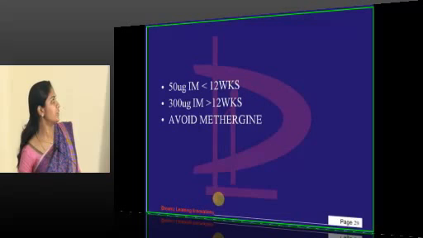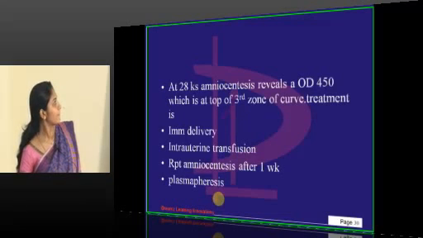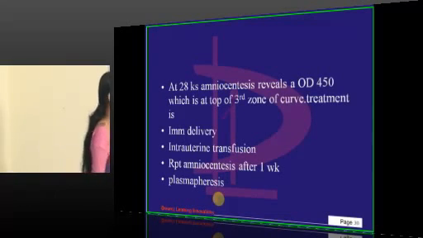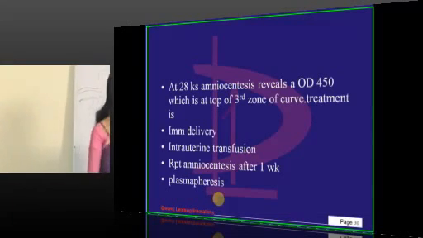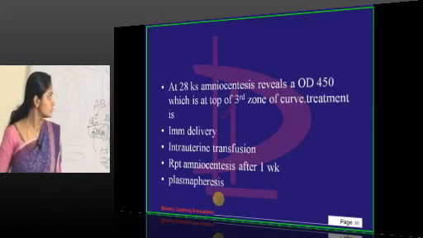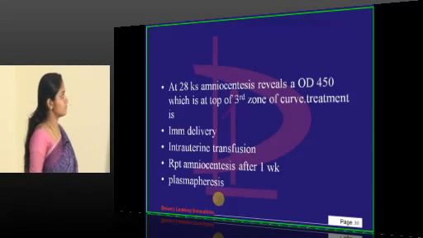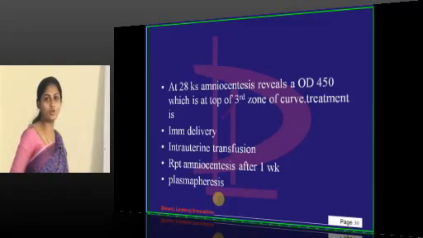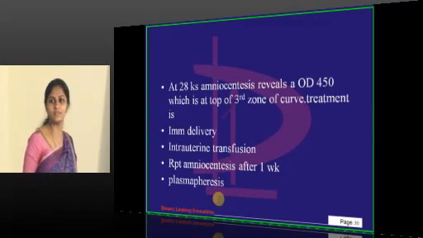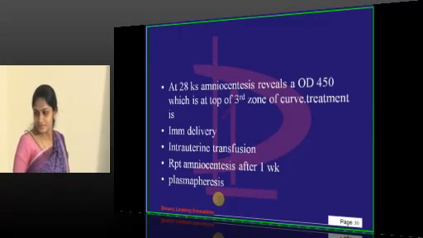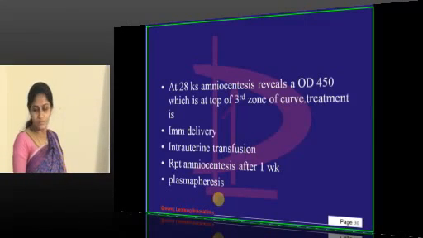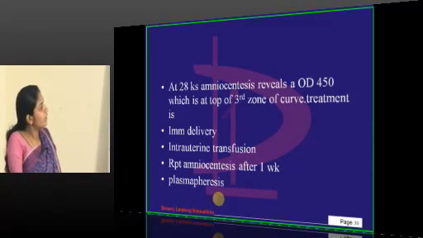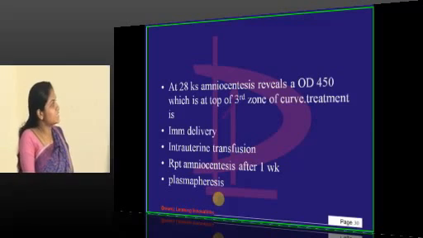This we know. 50 mics, 300 mics. Yes, answer this. ABCD, that's what I told you. I already explained this. Yeah, Ramya, it is the correct answer.